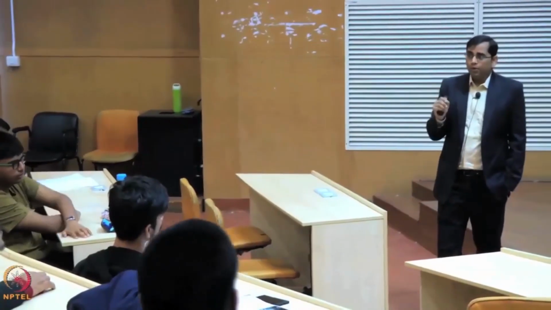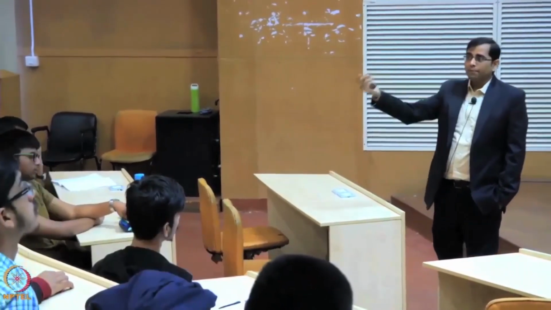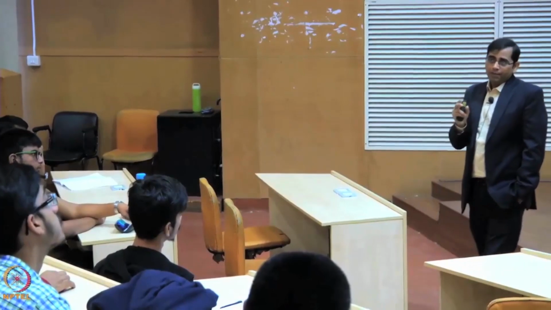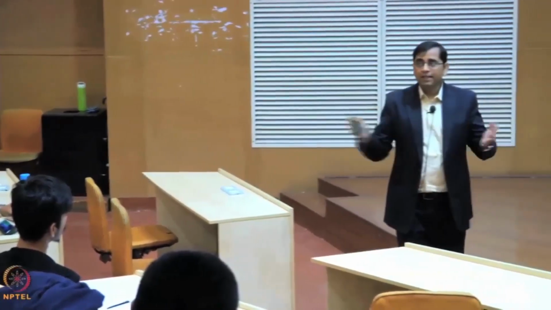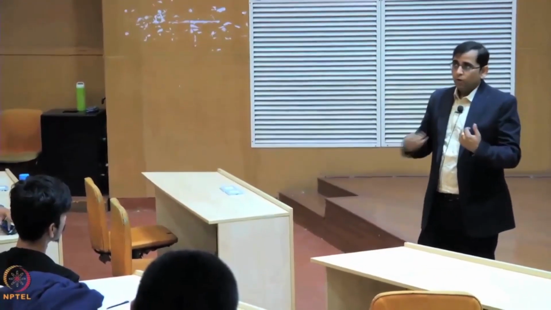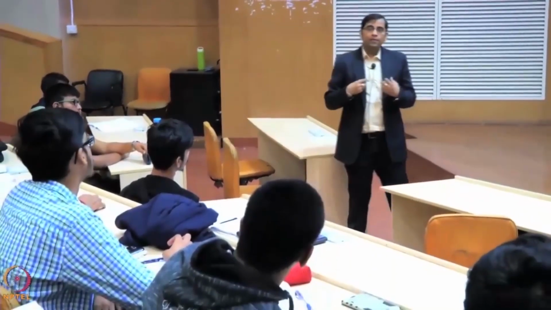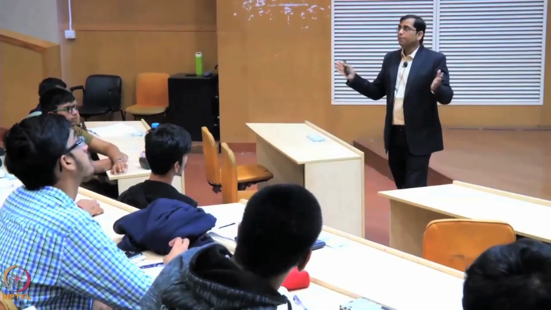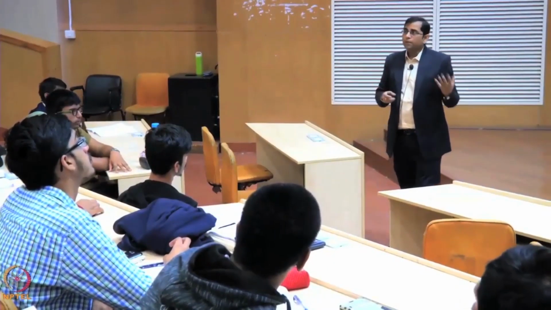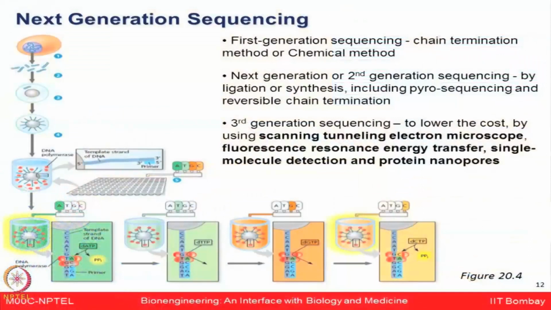And that's only because people from the physics background brought a lot of principles of how to read these bases much faster, how to increase the cycle of our scanning, and in which way different types of physical principles could be used to separate these bases, so that one could read them much faster. So there are different generations of sequencing technology which have come.